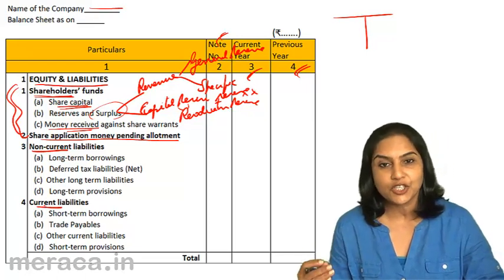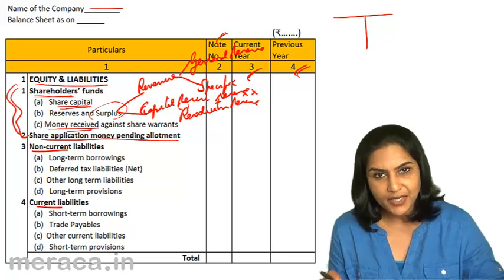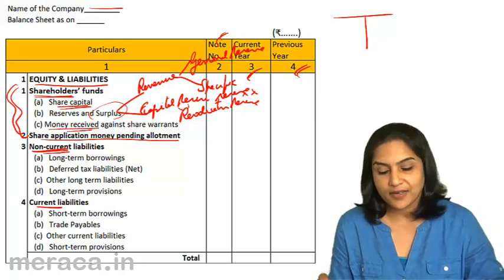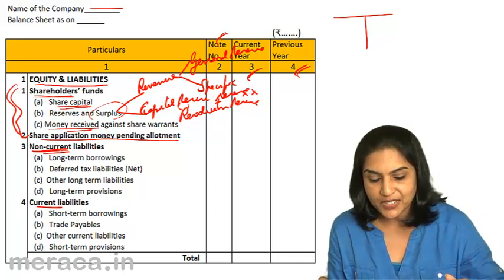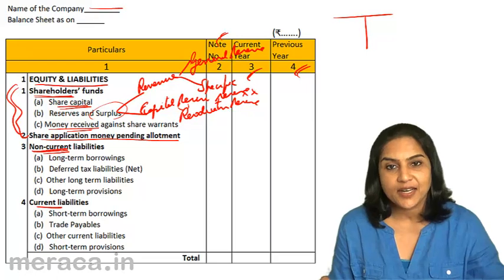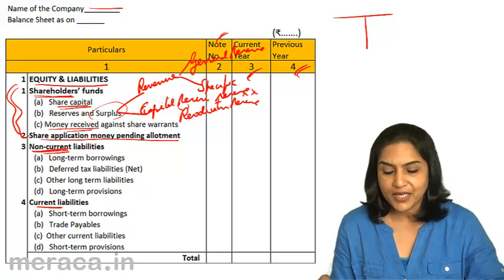But if these obligations need to be met only after a longer period of time, after a year, then they are called non-current liabilities. So first we start with shareholders' funds, share application money pending allotment, and move on to non-current liabilities and then current liabilities.